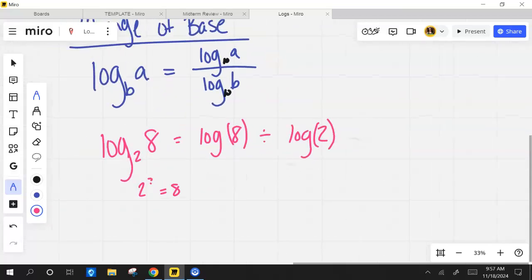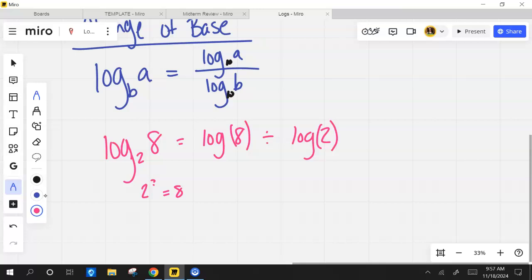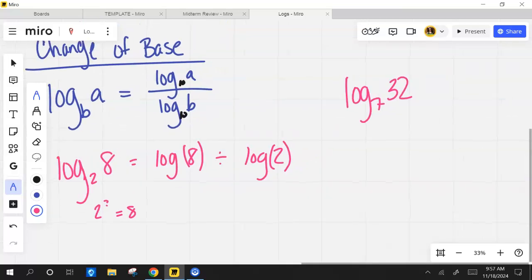So if I have something like, look over to the right there, the log base 7 of 32, that's not one that I can just do in my head. Close the parentheses. All right.